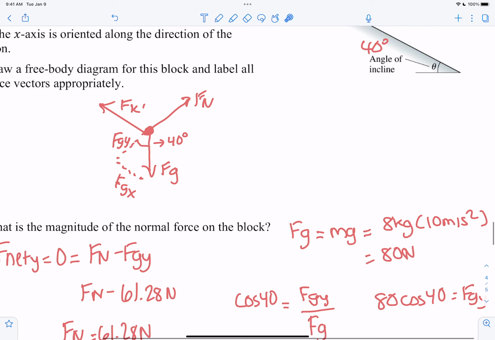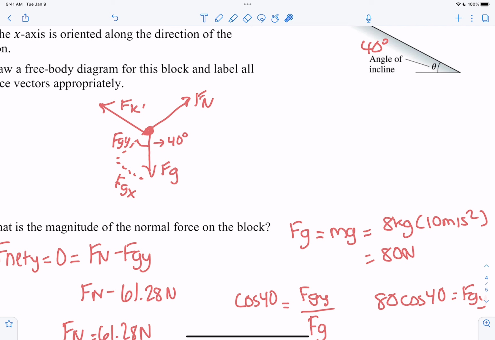I'm just a little curious there because the fk prime, like I get that because you would multiply Fn times mu. That's a component of the x-axis. Okay, that's an interesting way to do it.